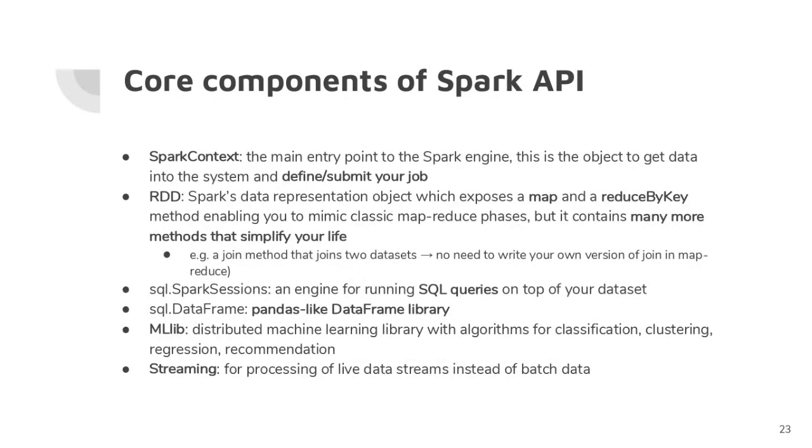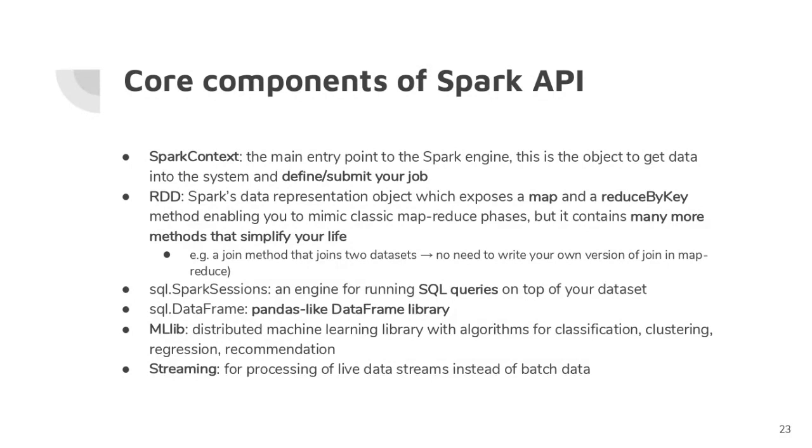But what are the components of the API? Well, you have the Spark context, and this is the main entry point to your Spark engine. With the Spark context object, you can define and submit your jobs. Each job consists of multiple map and reduce functions that you call over the data.